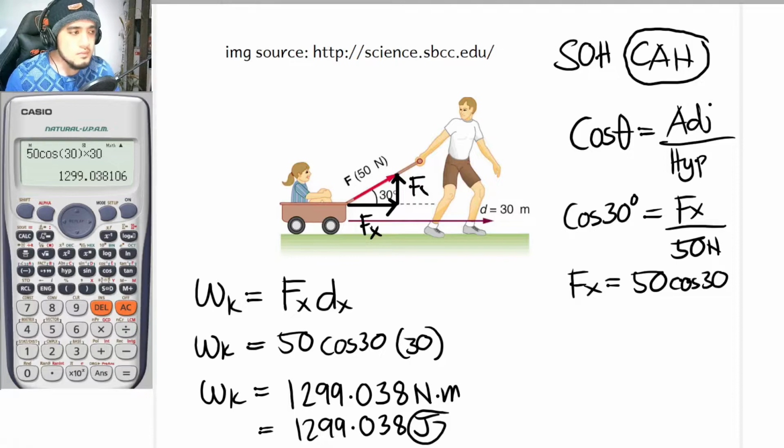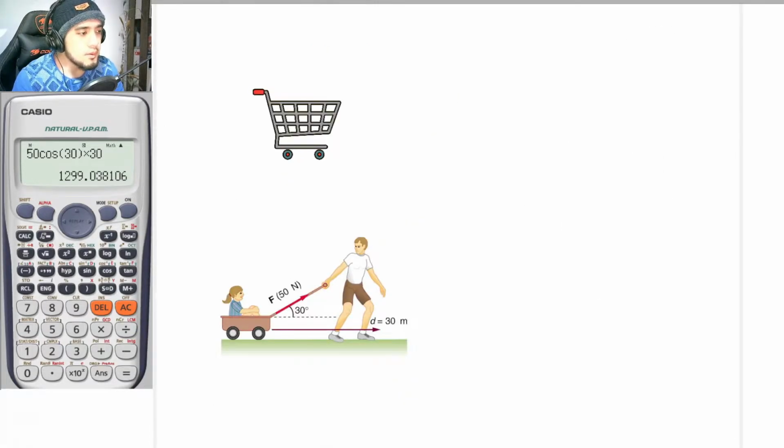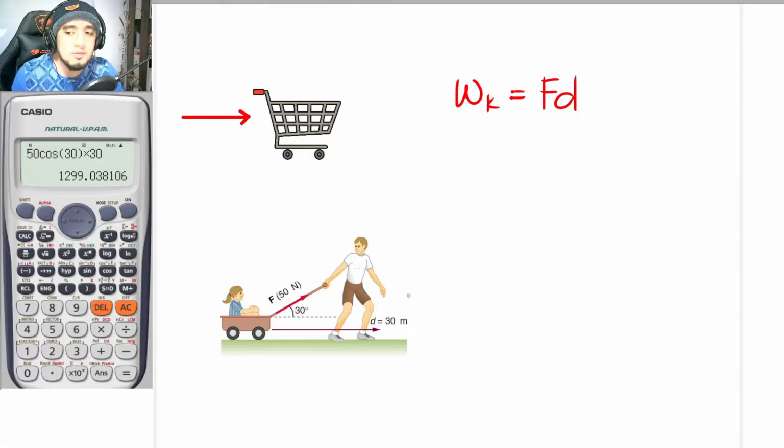So in summary, suppose that once again your force is parallel and along the same direction as your displacement. The formula for work is equal to force times displacement. But let's say that your force is at an angle that is not parallel with your displacement. What you would do is multiply your displacement with the component of the force vector that is parallel and in the same direction as your displacement.